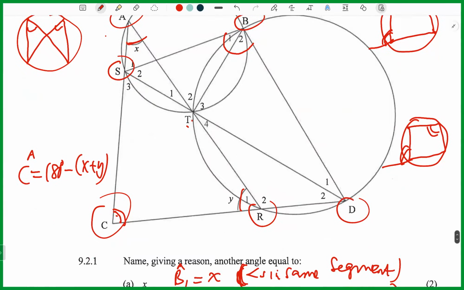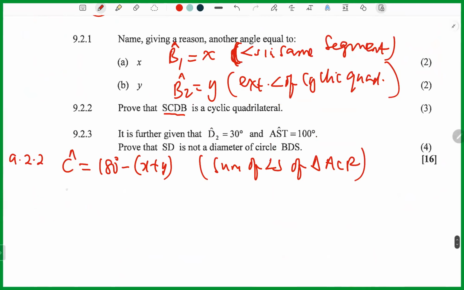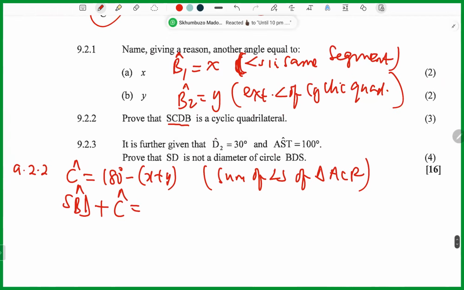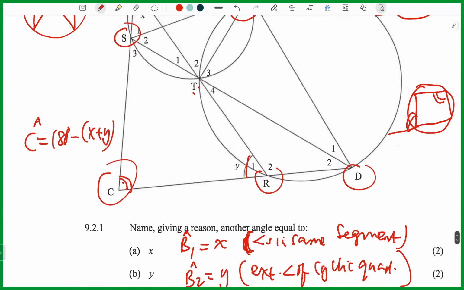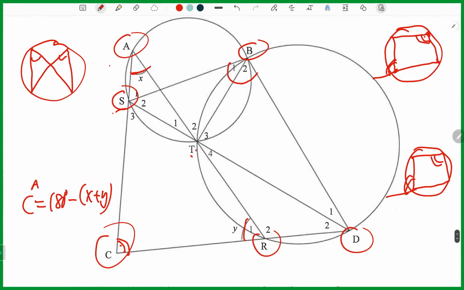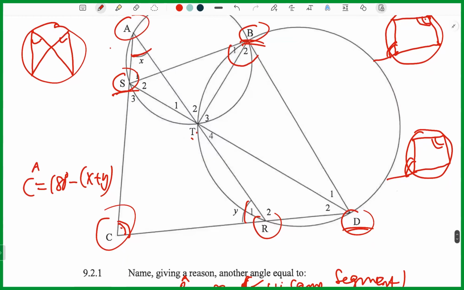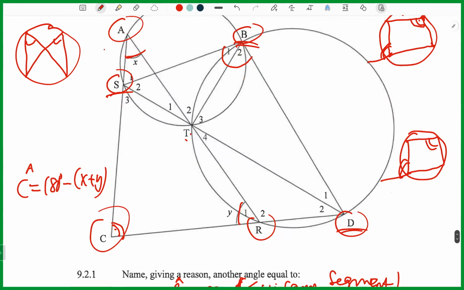So that's what we're going to do. Angle SBD plus angle C is equal to what?